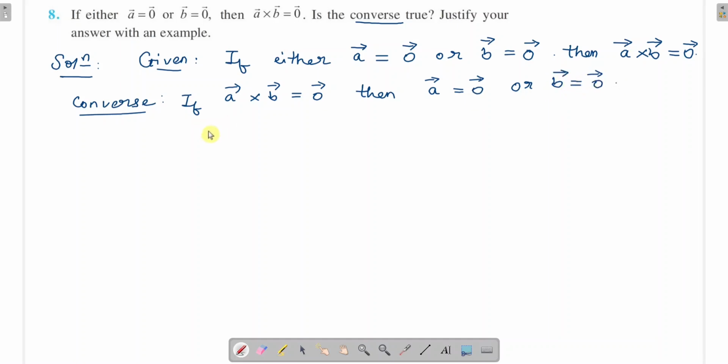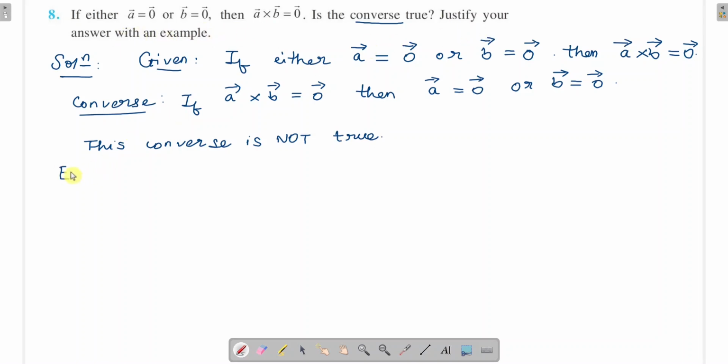Okay, so this converse is not true. So we have to give an example to justify the answer.